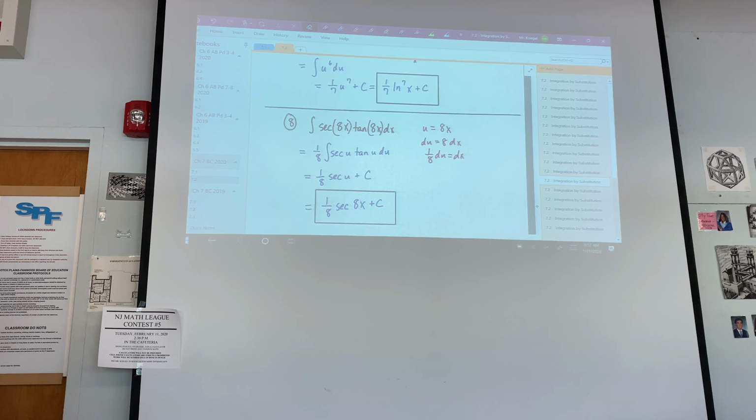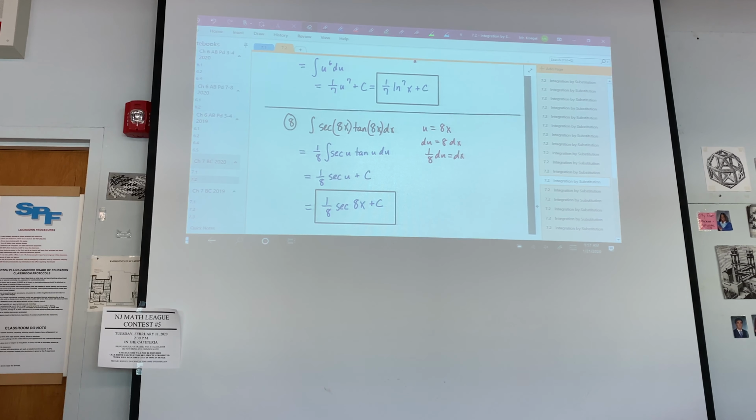Okay, just want to talk about some dead end stuff. Some problems that I did already, and I'll post these. Sometimes you get a true statement that doesn't work. So if you have cosine cubed of x times sine of x, and you say, well, cosine of x is close enough to being the derivative of sine of x, that's a true statement. But you can't make that substitution work, because here we have cosine cubed of x dx, and here we have cosine of x dx.